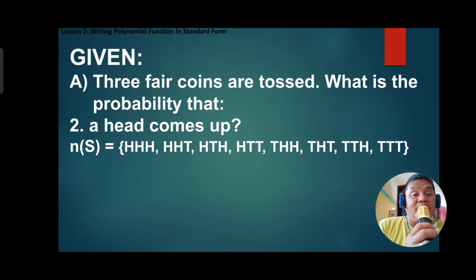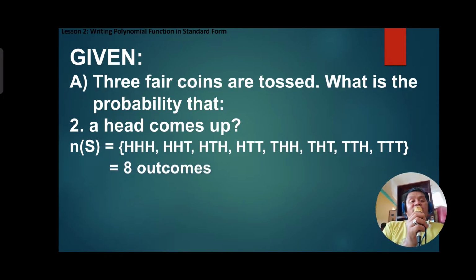So we have 3 heads, then 2 heads and 1 tail, 2 heads and 1 tail, 2 tails and 1 head, 1 tail and 2 heads, 2 tails and 1 head, 2 tails and 1 head, and all are tails. So again, there are 8 outcomes in this problem.